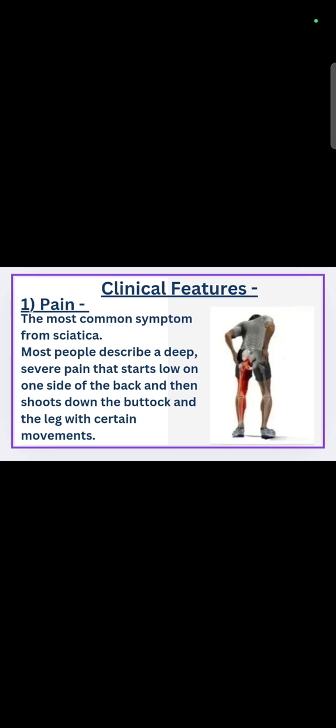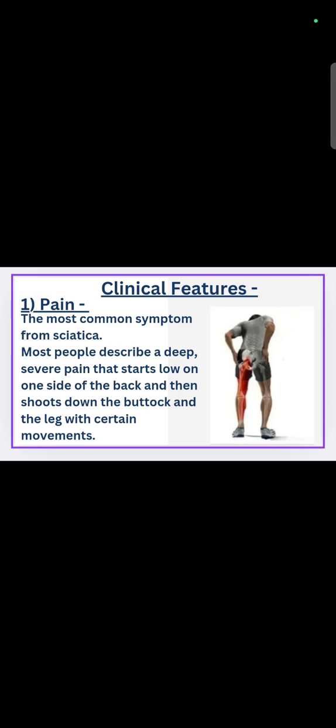Now, heading towards the clinical features, meaning the main signs and symptoms of the disease sciatica, the first most important and prominent sign of sciatica is the pain.